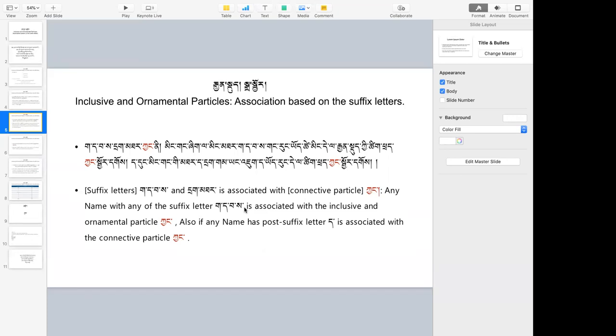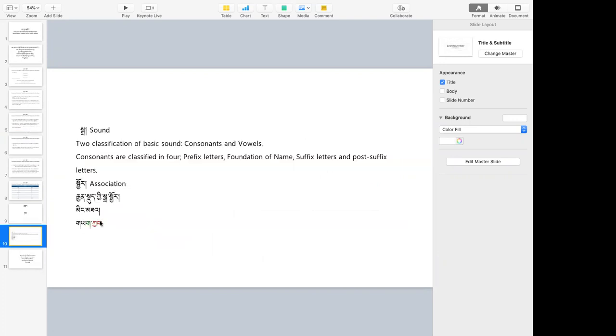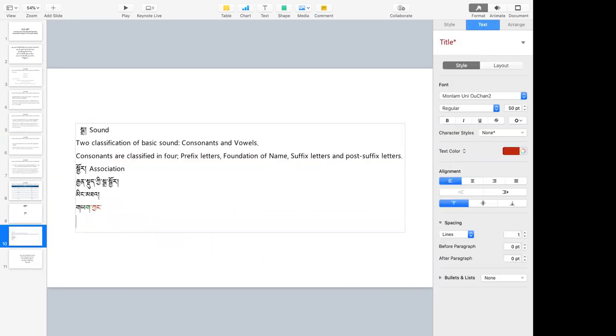So any name that also has post-suffix letter ta. So the meaning of the word taktar, as you can see here, which here we have with the particle used in place of la.